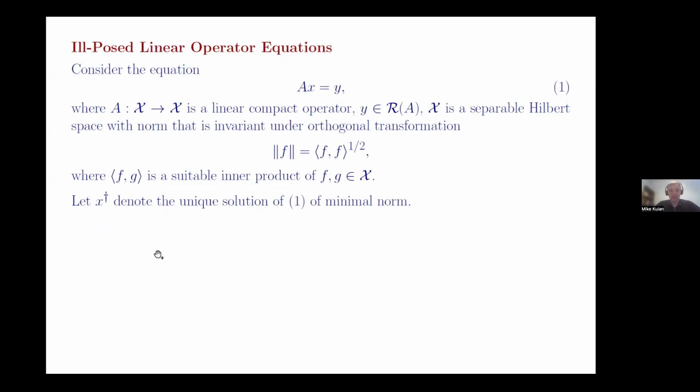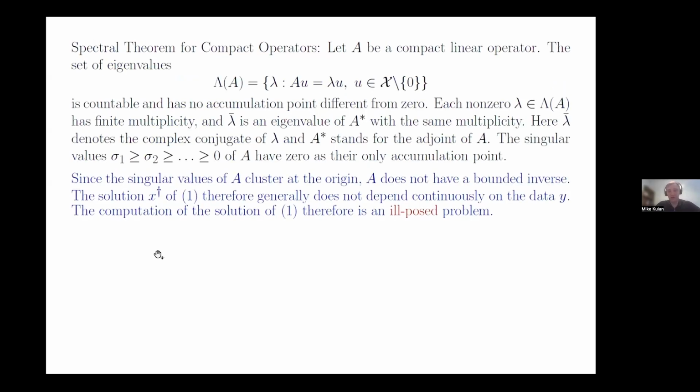What is the problem here? From the classical spectral theorem for compact operators, if A is a compact linear operator, the set of its eigenvalues is countable, and it has no accumulation point different from 0. So all the eigenvalues converge to 0.